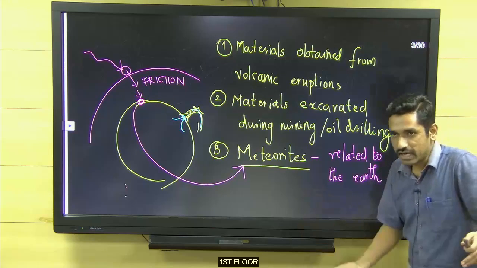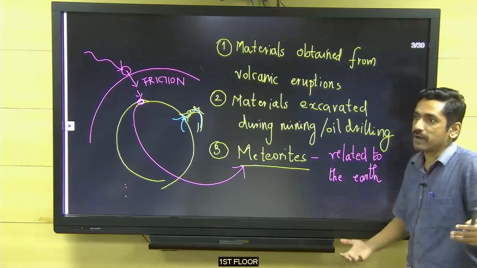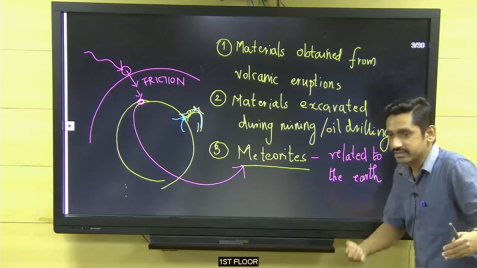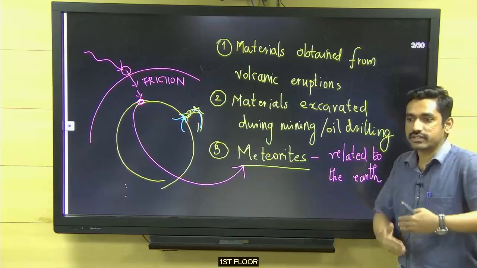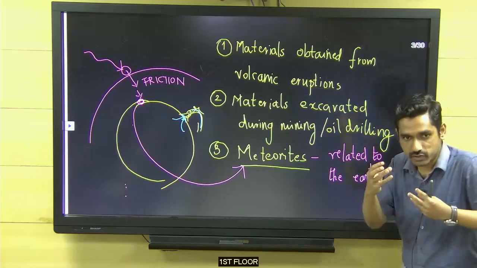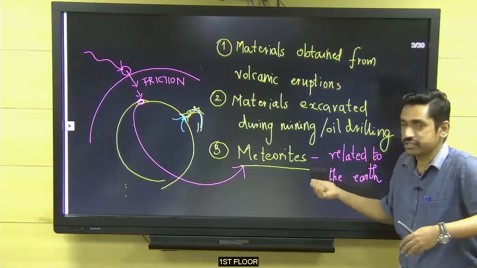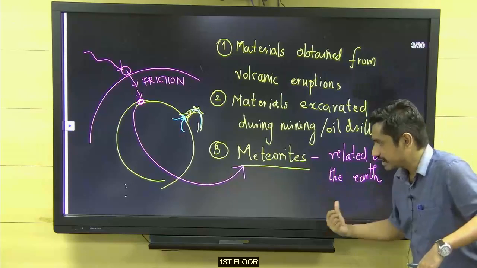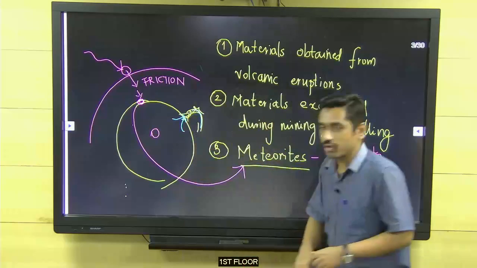See, for example, why are we interested in studying Mars, Jupiter and Venus? Of course, apart from trying to understand whether there is any habitable life on these planets, we also want to know what is the surface composition, how close it is to Earth. So if there are meteorites which enter the Earth's atmosphere, and you can definitely take it up and look at the materials, there are chances that the materials in meteorites might be giving us clues on what exactly is present in the interior also.